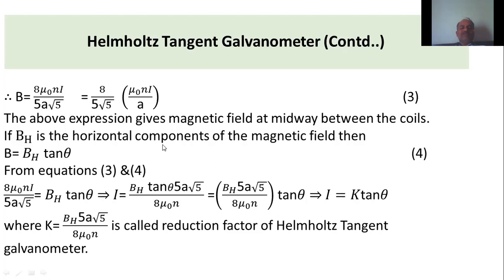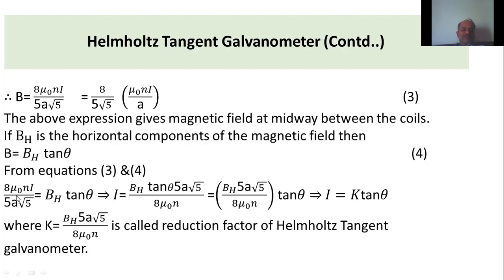If BH is the horizontal component of the magnetic field, then B is equal to BH tan θ. This we already know. So from comparing equations 3 and 4, as the LHS is the same, the RHS can be equated. I am equating the RHS.